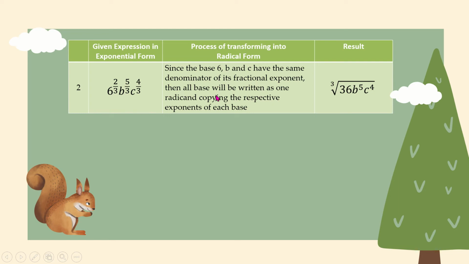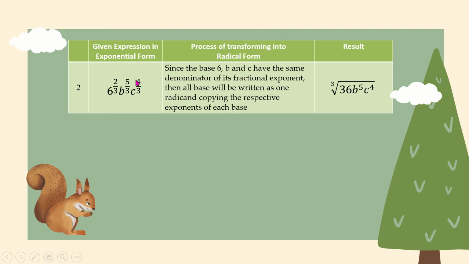Then all bases will be written as one radicand, copying the respective exponents of each base. So when we write the radical symbol, we write also the index 3, because all their denominators are 3. So that serves as our index.